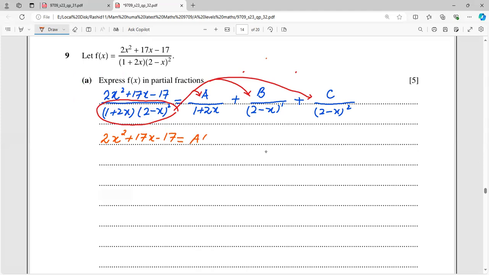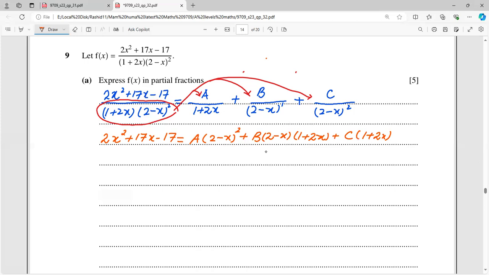So you will get only 2 minus x whole square. When the same denominator you will multiply by the B, B will remain as it is, and 2 minus x will be cancelled out. The other will remain as it is, and the second term, 1 plus 2x will remain as it is. Plus the C, the last term is, we have 1 plus 2x and 2 minus x whole square. So that will be cancelled and only 1 plus 2x will remain as it is.